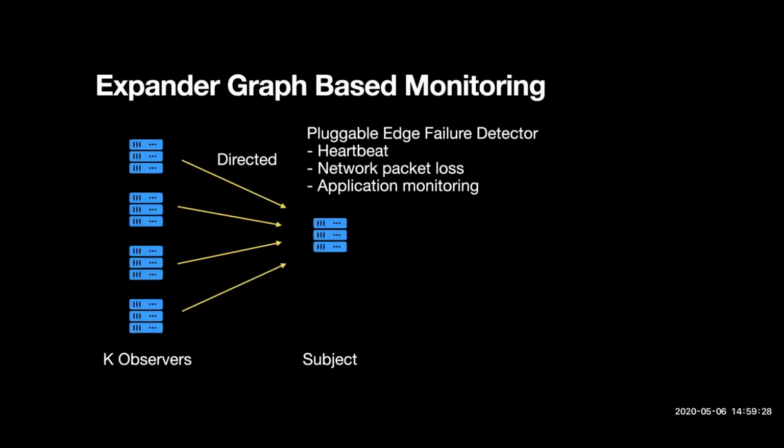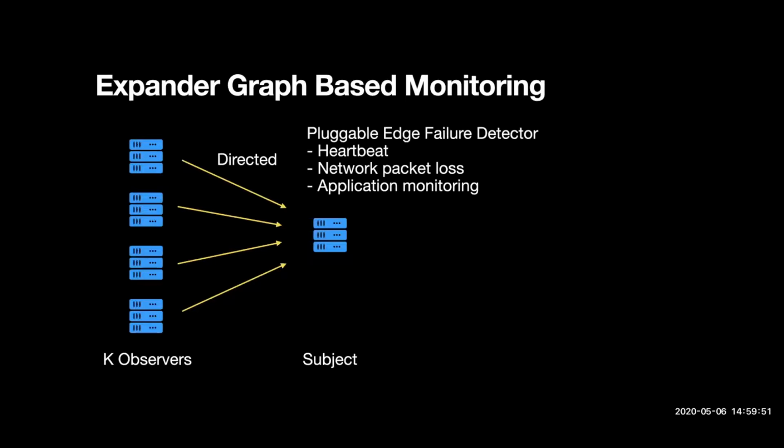So they can interface with the application logic. For example, if there are some problems with how a packet is transmitted, they can check what's the hash code, what's the expected hash code. So they can plug into that to detect failures.